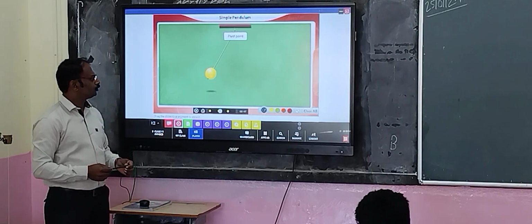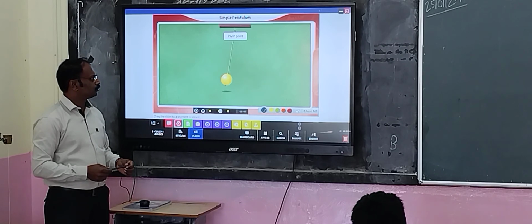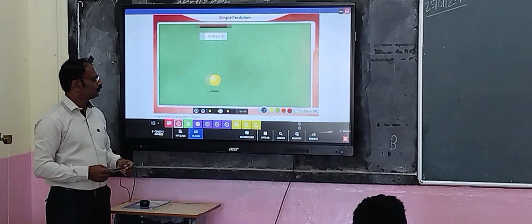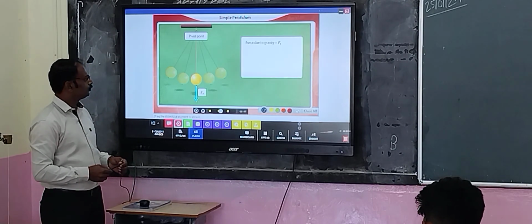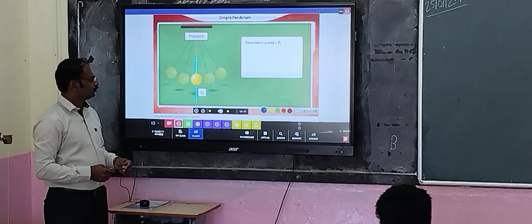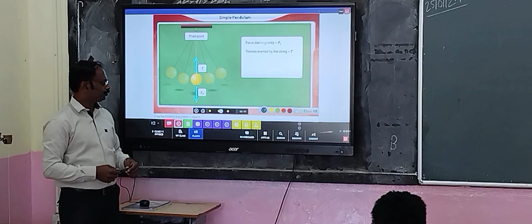Let us now analyze the two major forces acting on the simple pendulum. One is the downward force due to gravity. The second major force is the tension exerted by the string.